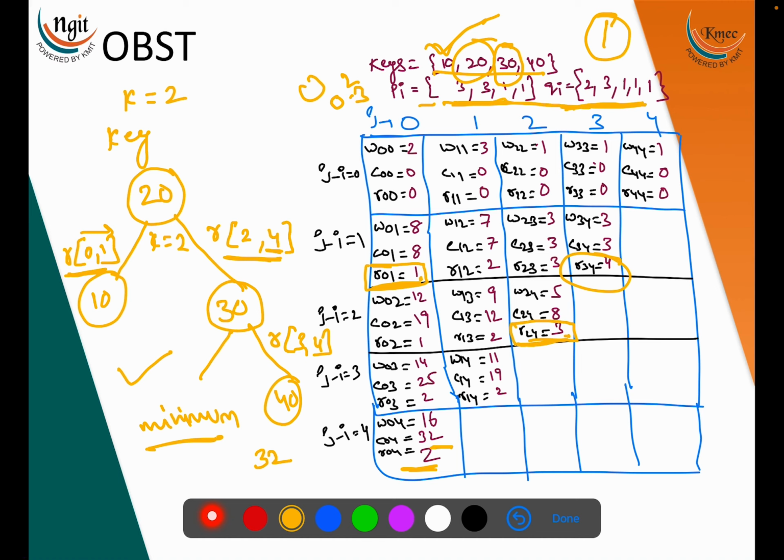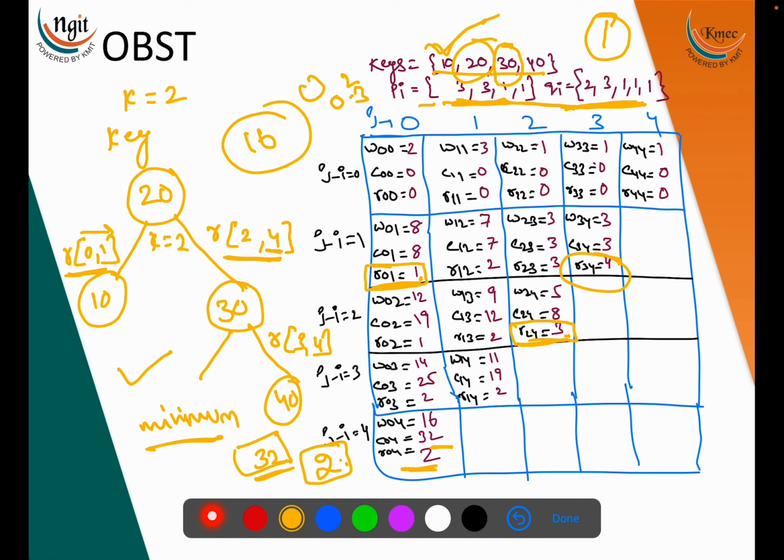If you sum all these P plus Q values, you'll get 16. The cost I got is 32. If I divide by 16, the answer is 2. So 2 is the original minimum cost of my binary search tree.